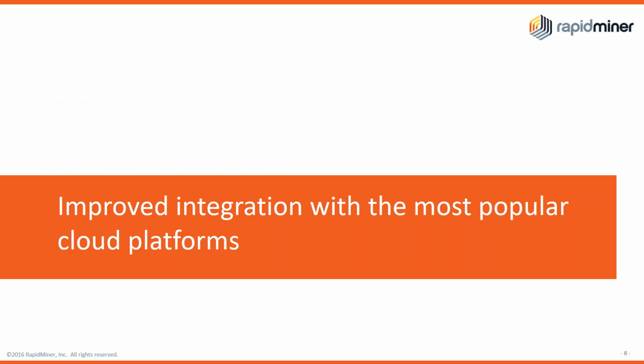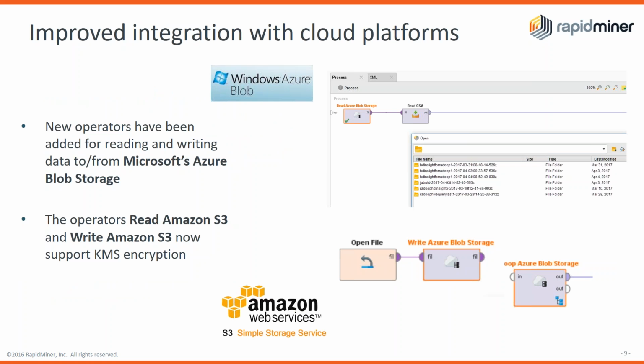Another one is related to cloud platforms, right? So we see more and more people having their data in Amazon S3 or in Microsoft Azure environments. We already had a connector for Amazon S3, but it did not support encryption, so we have now added that support.